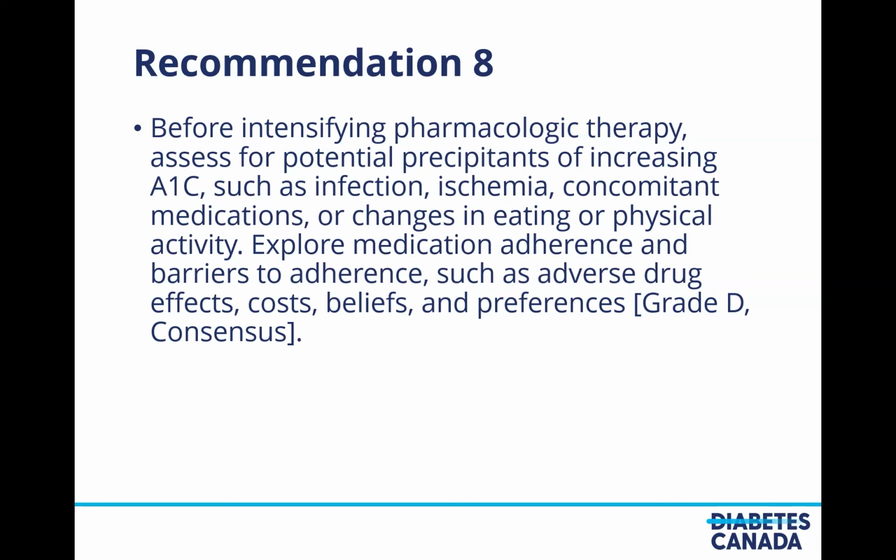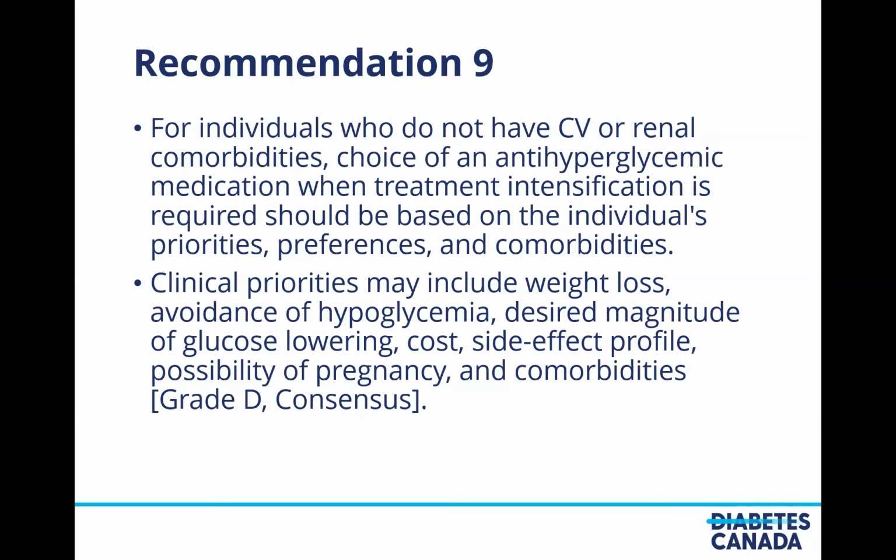Recommendation number 9 says that for individuals who do not have cardiovascular or renal comorbidities, the choice of an anti-hyperglycemic medication when treatment intensification is required should be based on the individual's priorities, preferences, and comorbidities.